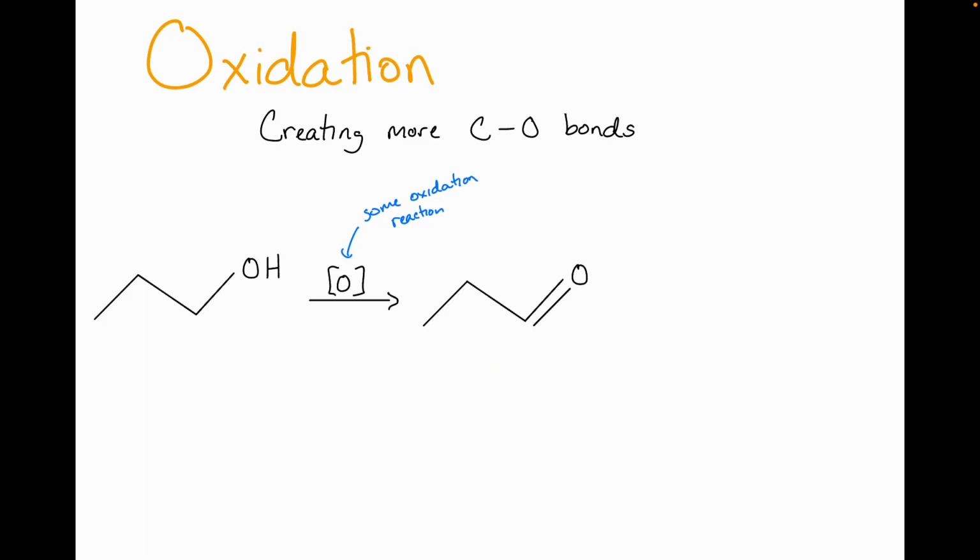We had a special name for this type of bond. What is that? Carbonyl, right? The carbon-oxygen double bond. So it turns this alcohol group into this carbonyl group here.